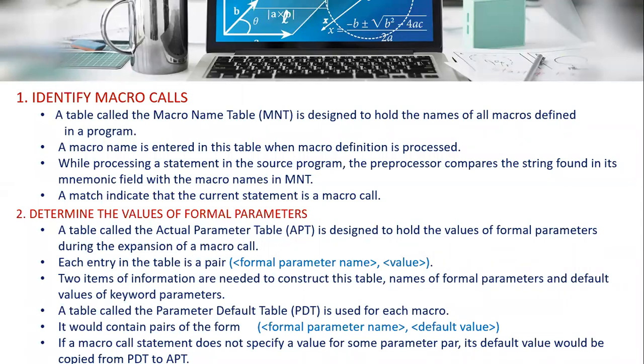If we discuss the expansion time variables, then we maintain one table, the expansion variable table, which contains the definition of expansion time variables. Next is expansion time control flow. For that purpose, we use the macro definition table. The macro definition table contains all the macros, that is, model statements are added into the macro definition table.